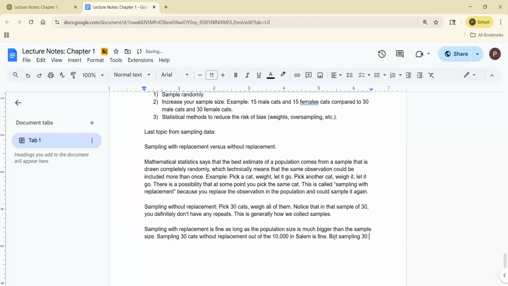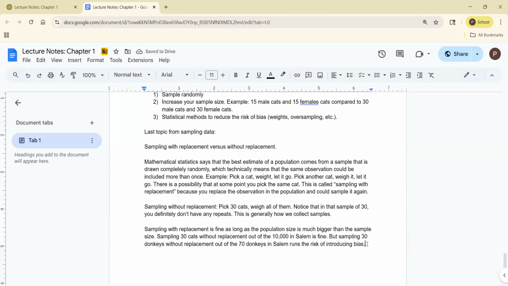But sampling, let's say, 30 donkeys without replacement out of the 70 donkeys in Salem runs the risk of introducing bias.